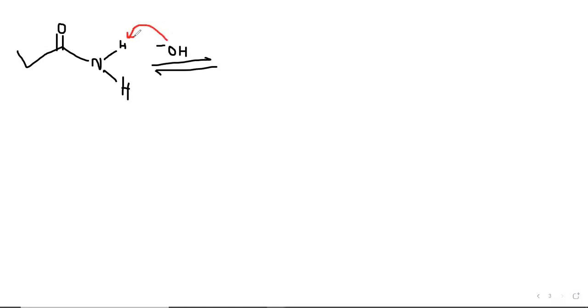So that hydrogen has been removed, and what results is a deprotonated version of this particular molecule. We have the nitrogen now with the minus sign because it has fewer bonds than it usually likes to have.